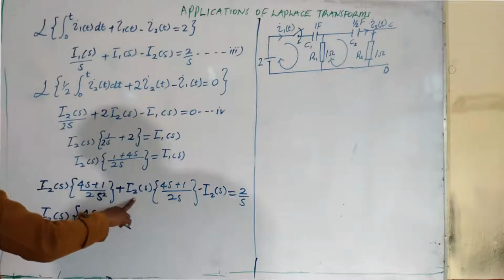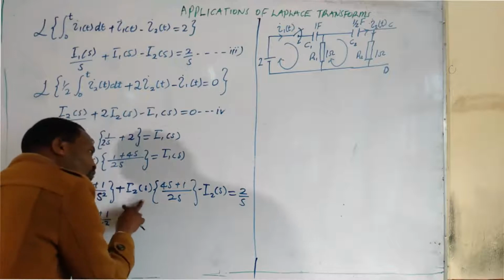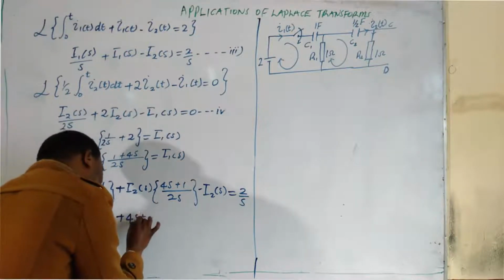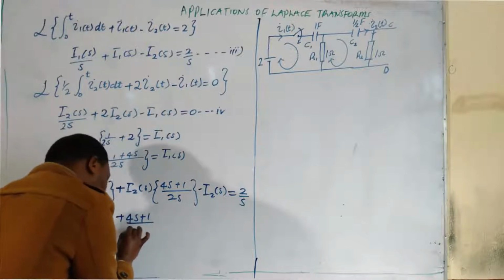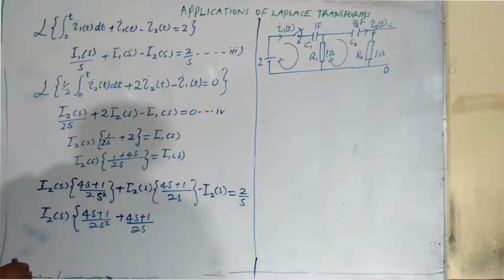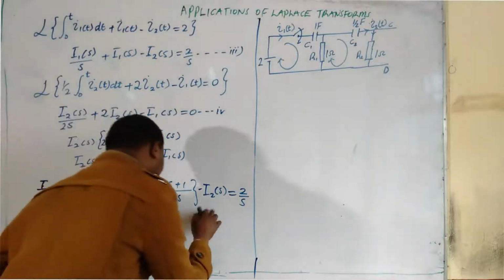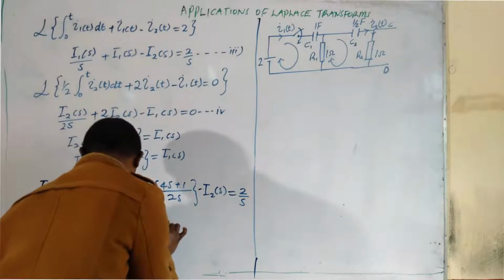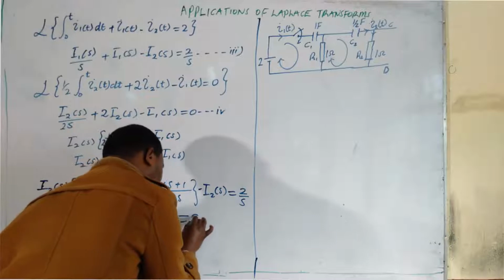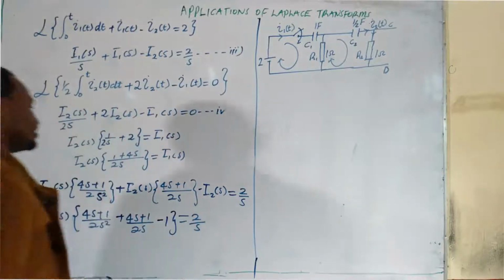Here, if we factor out I2(s), it will be plus (4s plus 1) over 2s. Here, if we factor out I2(s), it will be minus 1, all over 2s.